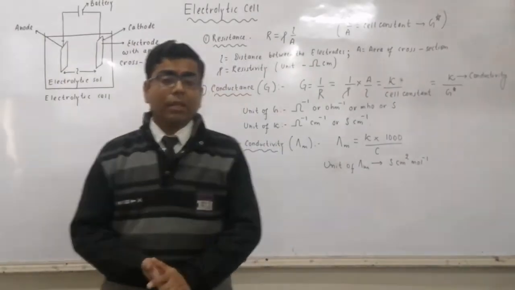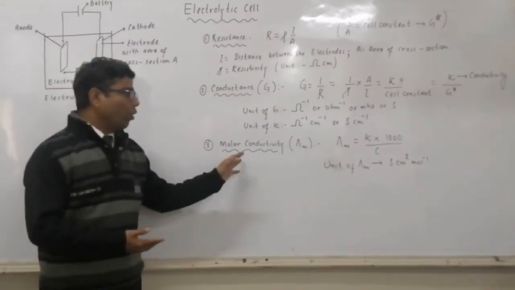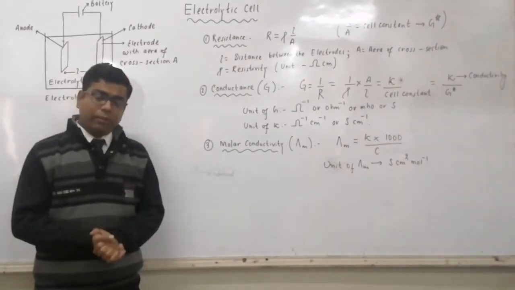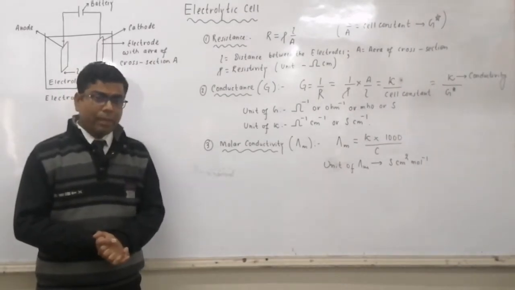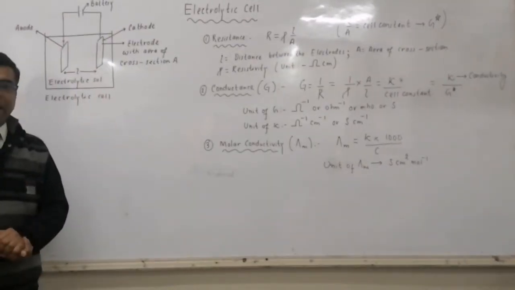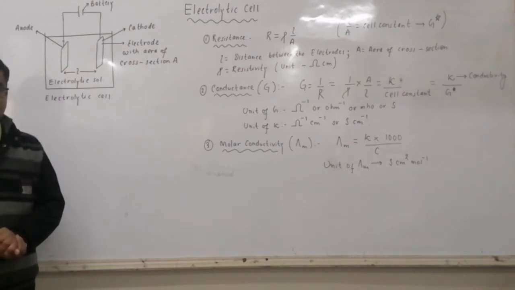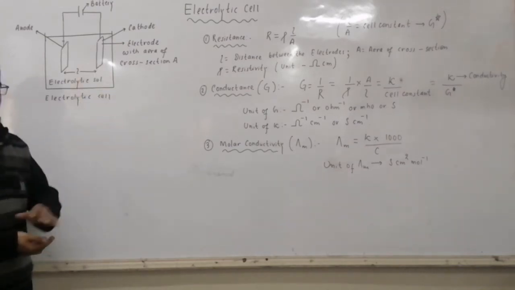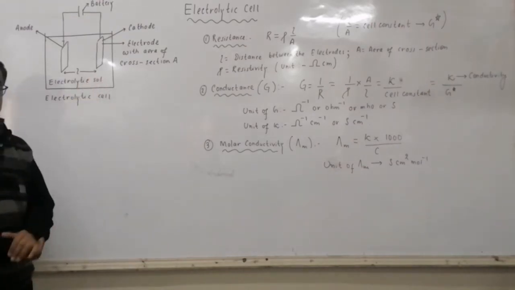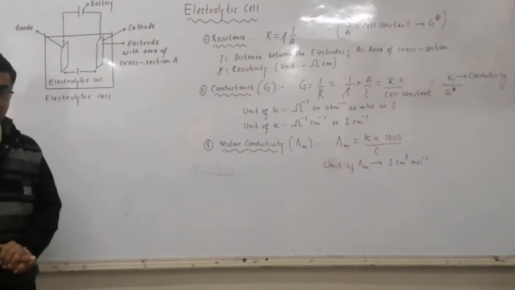Then comes the last term, that is molar conductivity. What is molar conductivity? Very simple. Suppose the electrodes are separated by unit distance, having area of cross section as unity, and this electrolytic cell contains 1 molar solution.